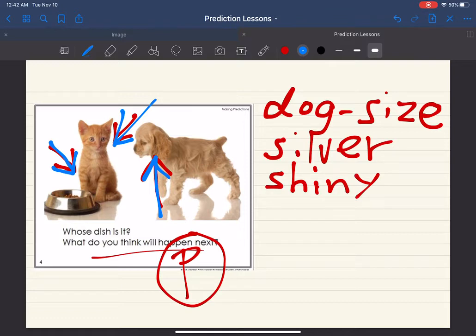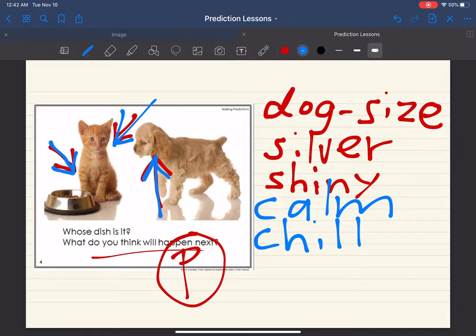They're both pretty calm and mellow. So the effects on my prediction, if I use those clues, calm and chill, they're not growling at each other. I don't see any paws sticking up.